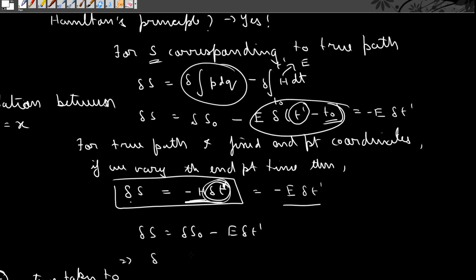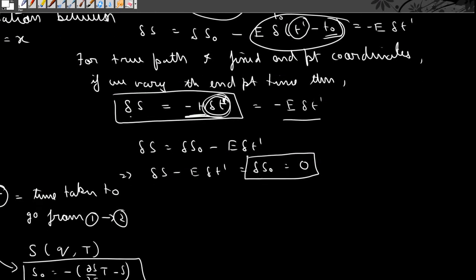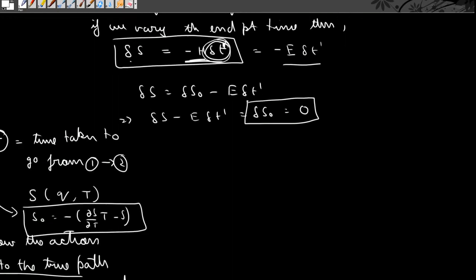This implies delta S minus E delta t dash equal to delta S naught equal to 0, which says that for our condition where our endpoint times are not known but the energy is conserved and constant, the true path abbreviated action corresponds to the one where the variation in the abbreviated action equals 0. Okay, so therefore we have derived our Maupertuis principle from the Hamilton's principle.